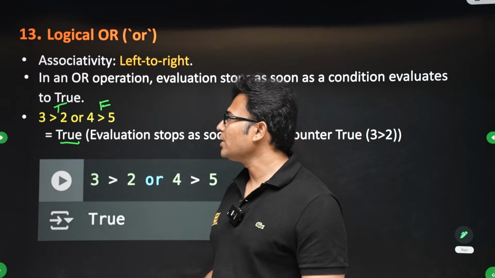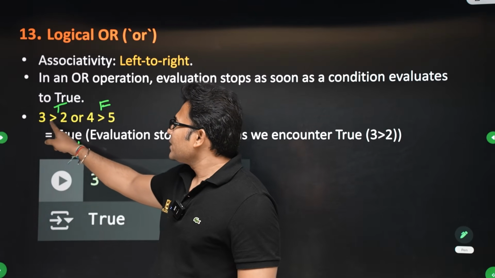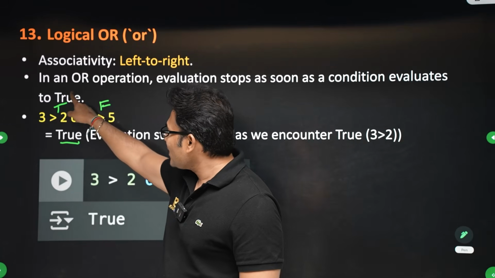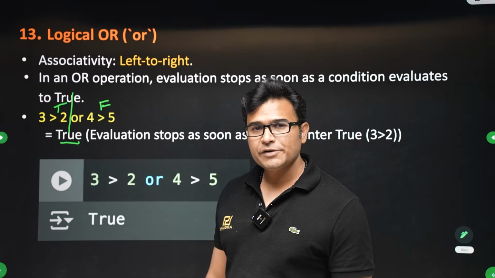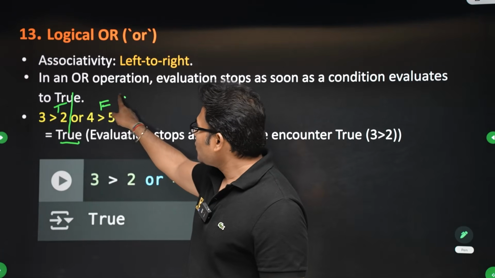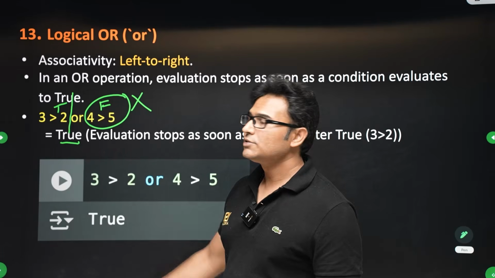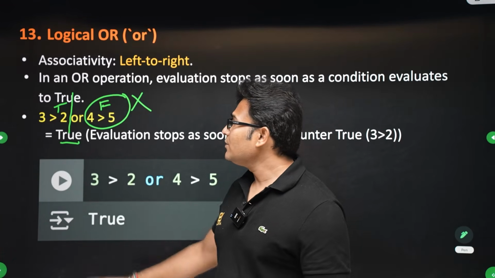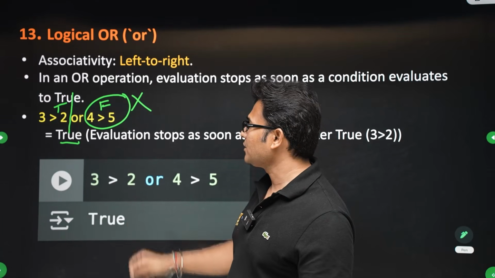Now how will it work is, when 3 is greater than 2 has become true, it will stop evaluation there. It will not evaluate this. This will never get evaluated. Why? Because in case of OR, even if I get one true, the entire expression will become true. That is the reason.